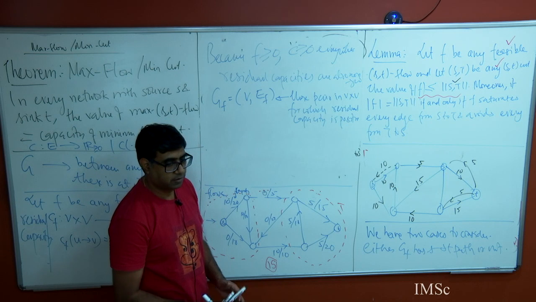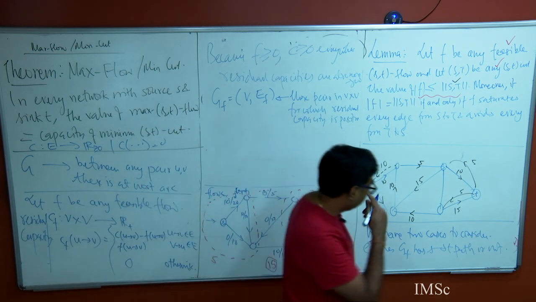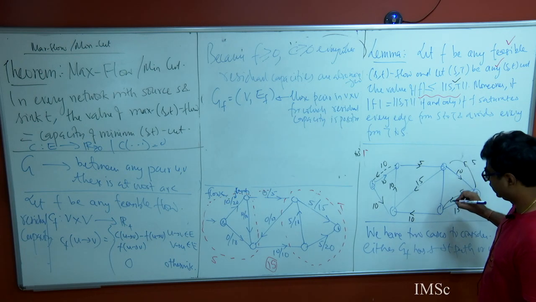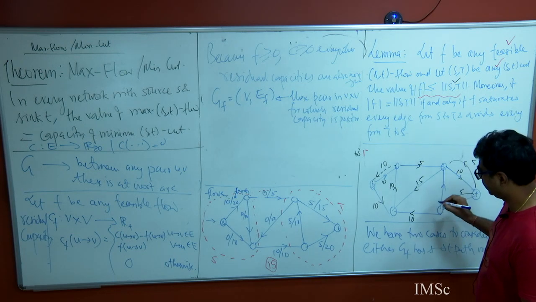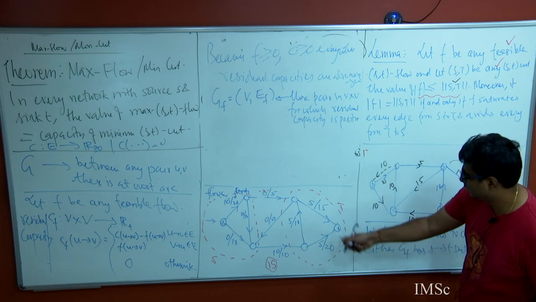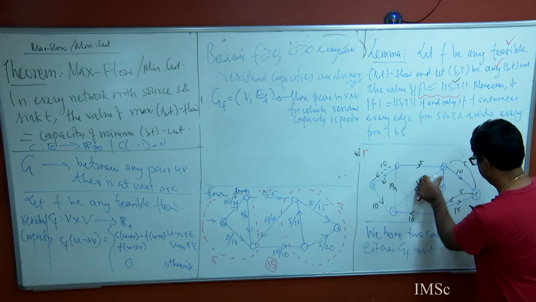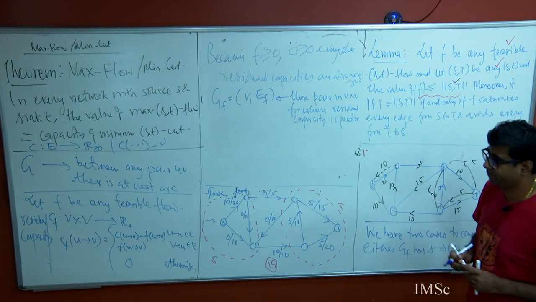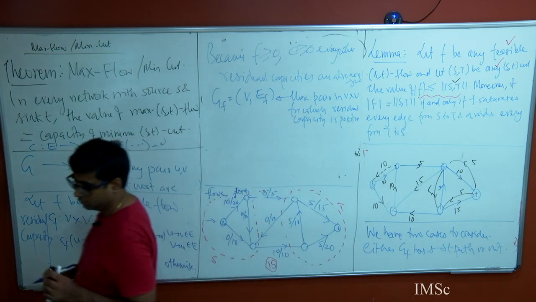So GF, which one? Oh yes, sorry. So this will be 10 and no 5, sorry, and this will be 5, sorry, thank you, okay.